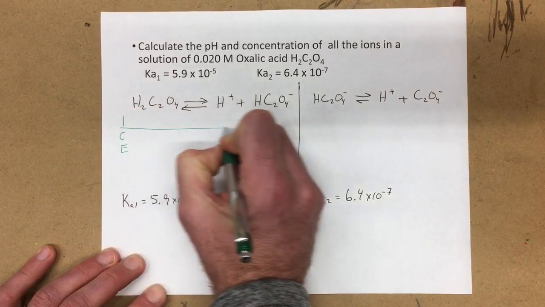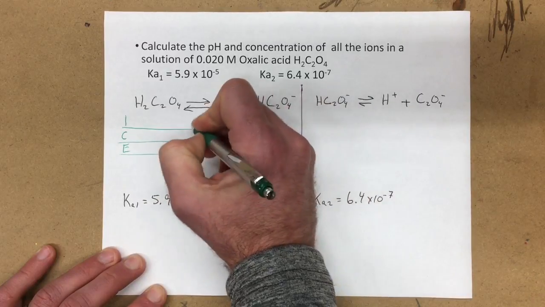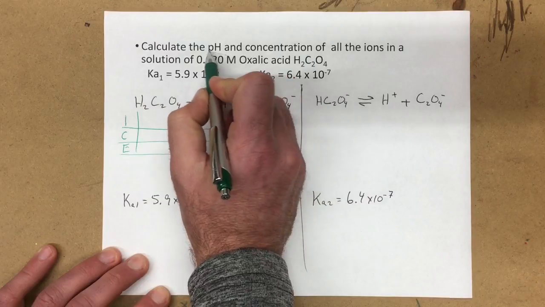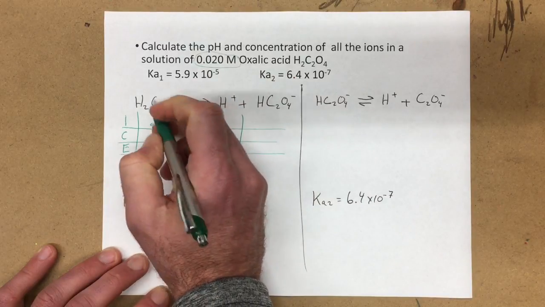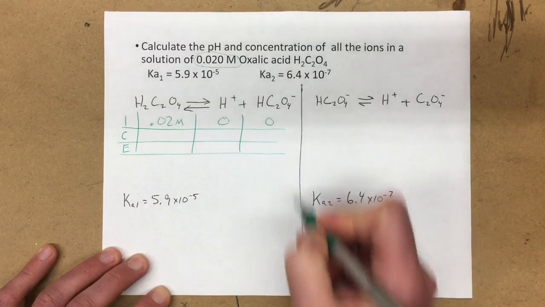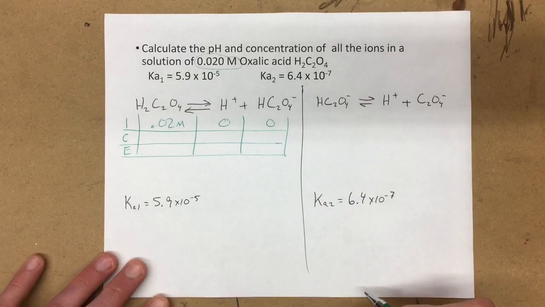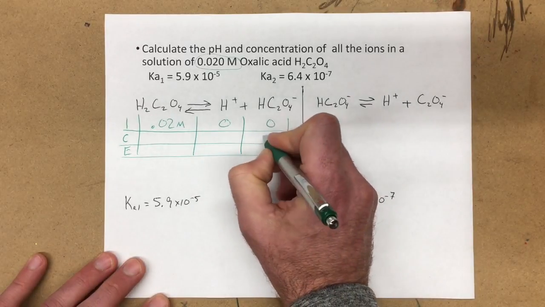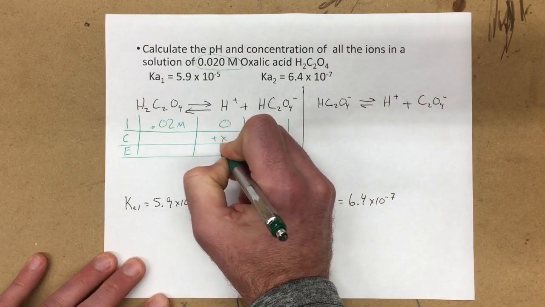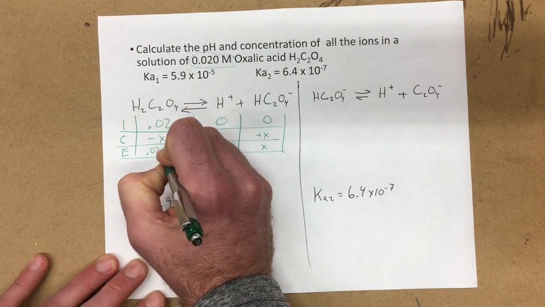So we'll make an ICE table for this first dissociation. The original concentration of the acid right here is 0.02 molar. These are starting at 0 because we're just putting it into an aqueous solution. So this will be plus x, plus x, minus x, 0.02 minus x.